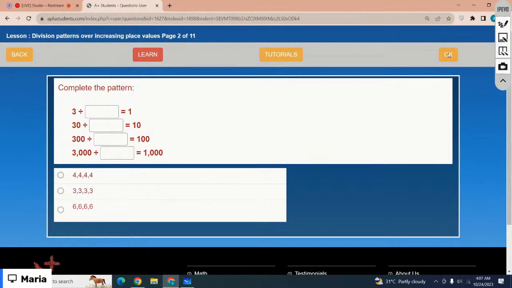The correct option is 3 divided by 3 equals 1, so all the numbers must be 3. 3 divided by 3 equals 1, 30 divided by 3 equals 10, 300 divided by 3 equals 100 and 3000 divided by 3 equals 1000. They all are 3, the correct option. The answer is just 3.